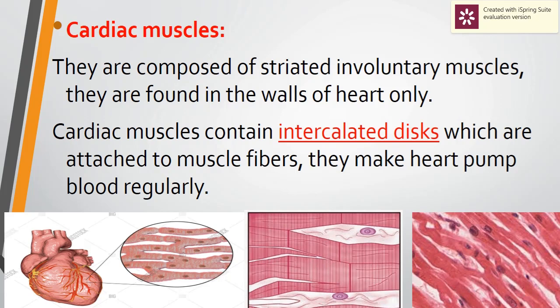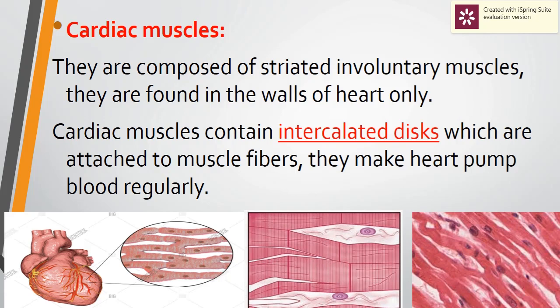They contain a different part which is characteristic for this, called the intercalated disc. The intercalated discs bind the muscle fibers of the heart with each other, and this is the reason for the heart to beat regularly as one functional unit in a rhythmic way.